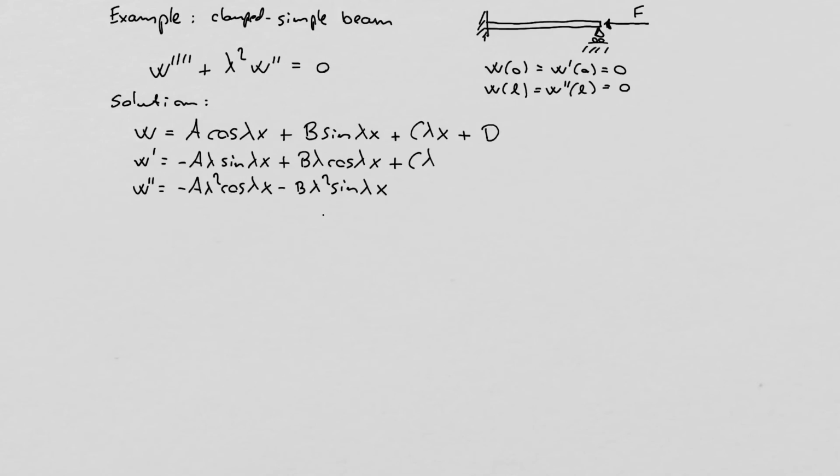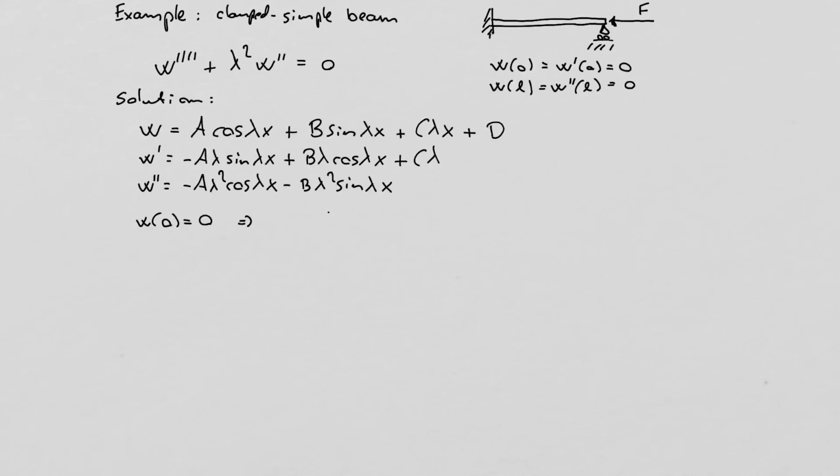Now let's take the easy ones first. Usually it's easiest to employ the boundary conditions for x equal to 0 first. So let's do that. W of x equal to 0. Inserting that gives us that A plus D must vanish.